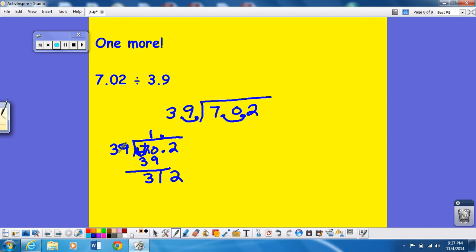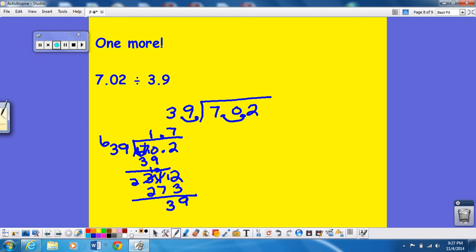So I'm going to say 40 into 31 would go about 7 times. 7 times 9 is 63. 7 times 3 is 21 plus 6 is 27. Let's subtract. That would be a 12 minus 3 is 9. 10 minus 7 is 3.